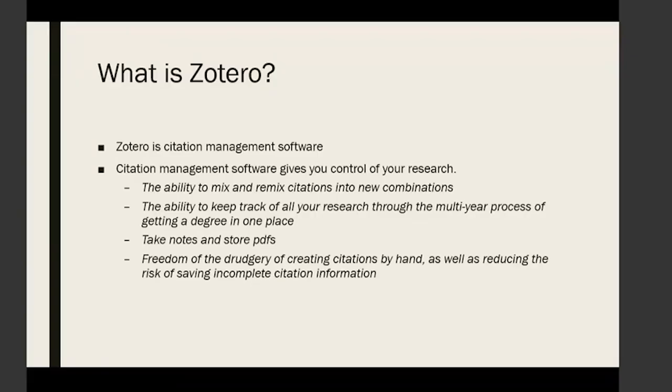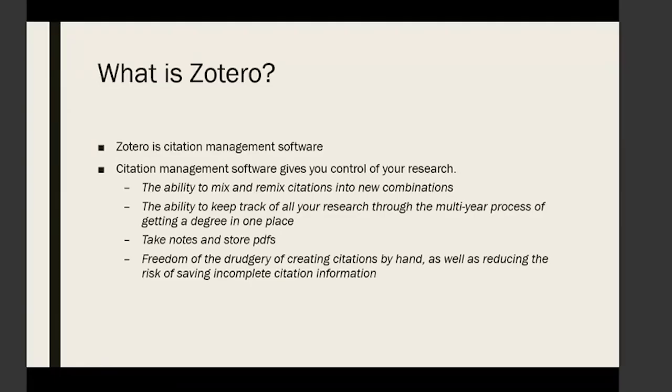Before we get into anything specific about Zotero, I want to say a little bit about why citation management software in general is useful. It really does help give you control of your research. And of course, back in the day, that may have meant note cards, that may have meant, you know, having a notebook where you kept all of your citations and you wrote down all of the information for each item.